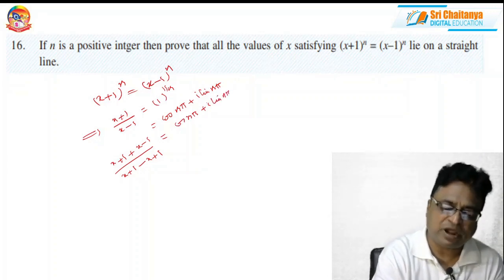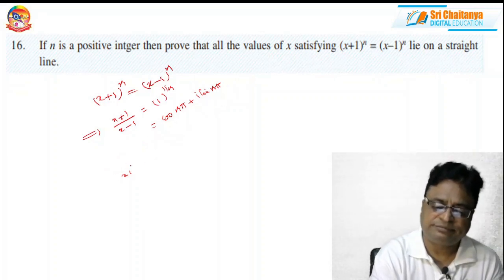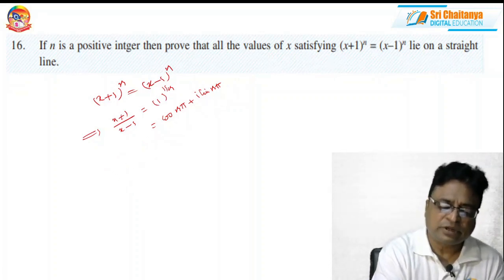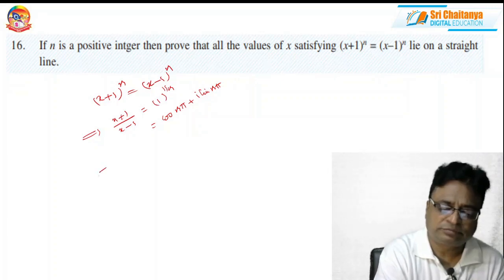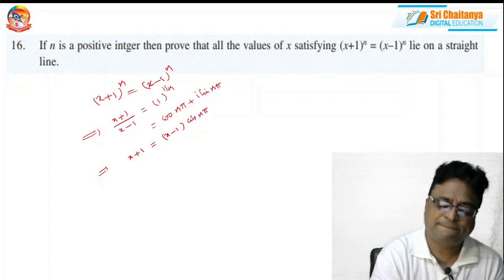Or do one thing, it is better: you cross multiply this. So x plus 1 equal to (x minus 1) cis n pi.